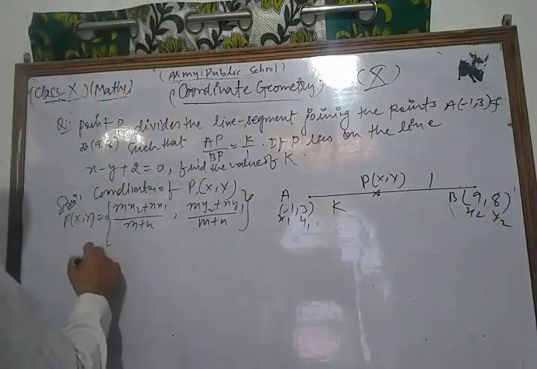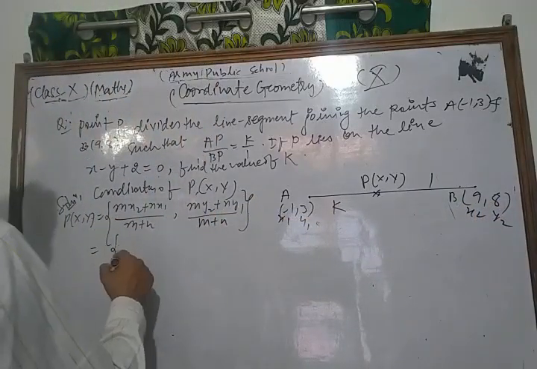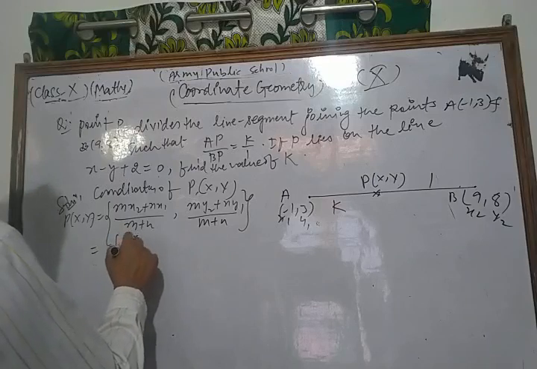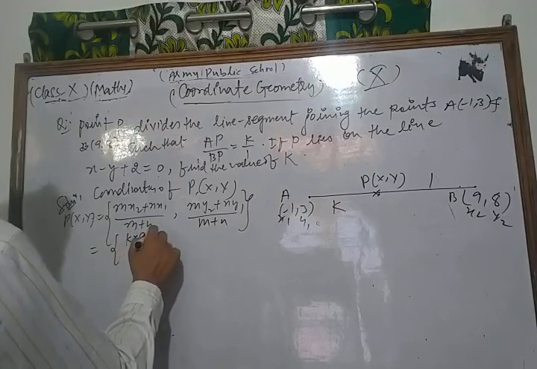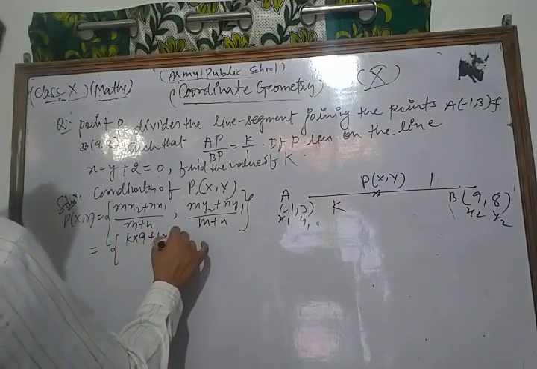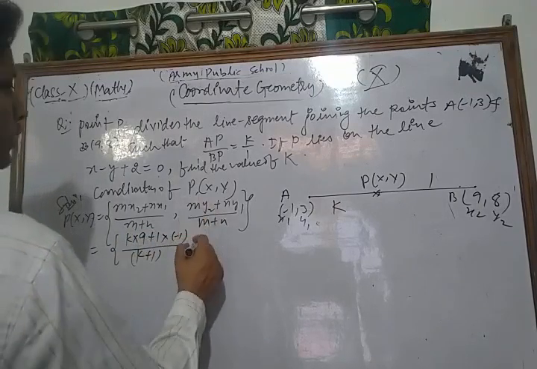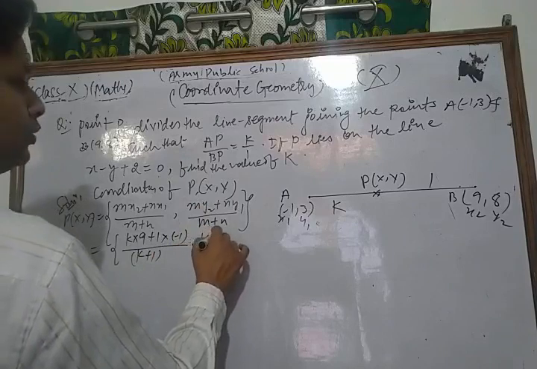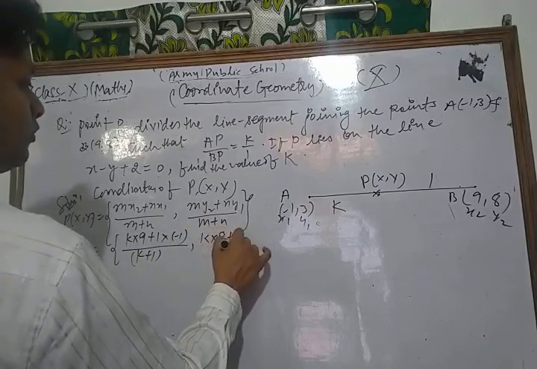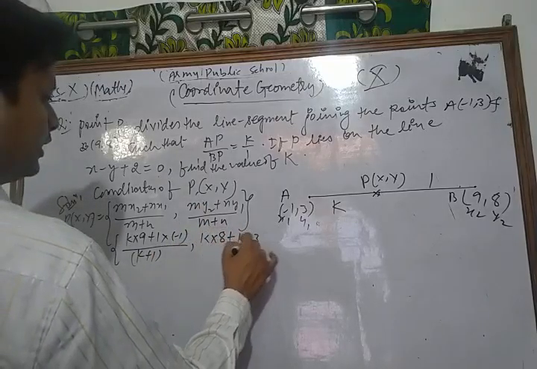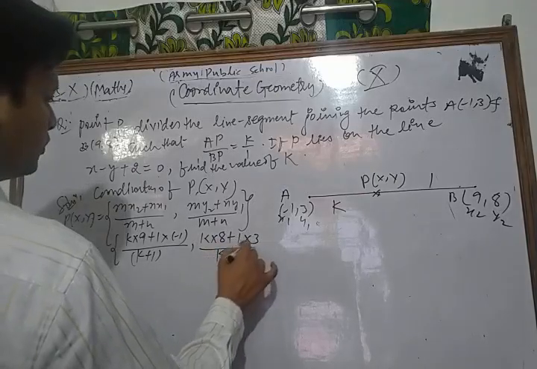Now we put the values. m is k into x2, which is 9, plus n is 1 into x1, which is minus 1, upon m plus n, which means k plus 1. And k into y2, which is 8, plus 1 into y1, which is 3, upon k plus 1.